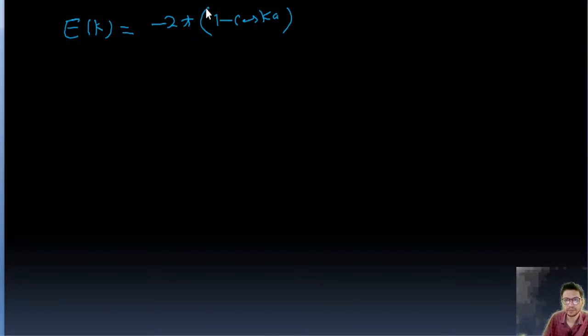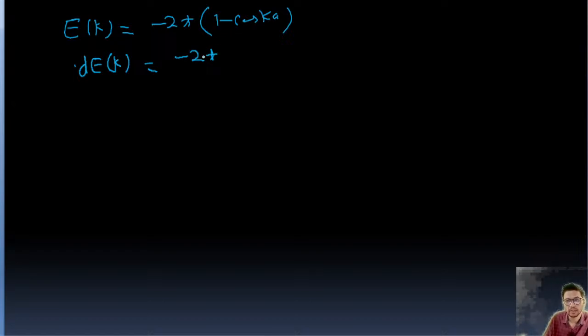So from here, if we differentiate it, dE by dk is going to be, we will differentiate with respect to k. So this is going to be 2t, and the constant part is 0.